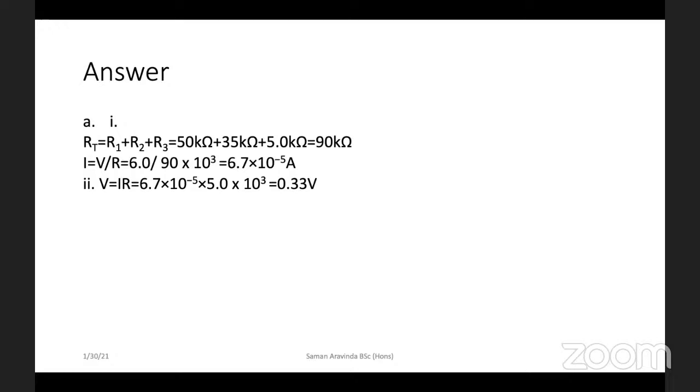So when light incident on the LDR increases, the resistance across the LDR will reduce. So the voltage drop across that reduces. So then the voltmeter reading will increase.